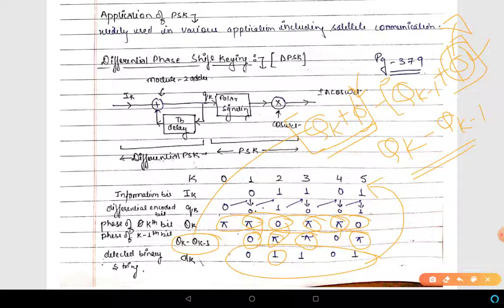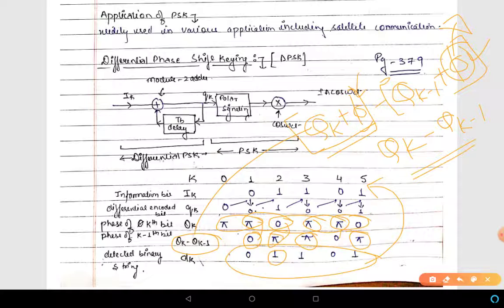Even though the phase is unknown to me, I don't know what phi is, if I assume that phi is constant for two-bit duration, I am still able to detect at the receiver by taking the difference of the phases as shown here. So this is how differential phase shift keying works. It is to be noted that PSK is very important and DPSK is also important.